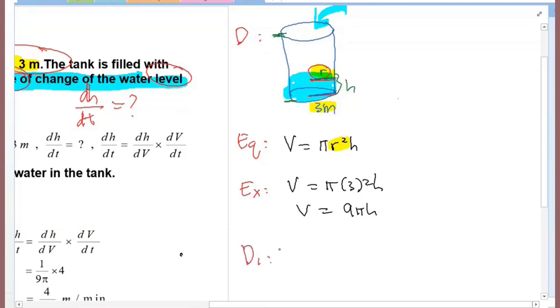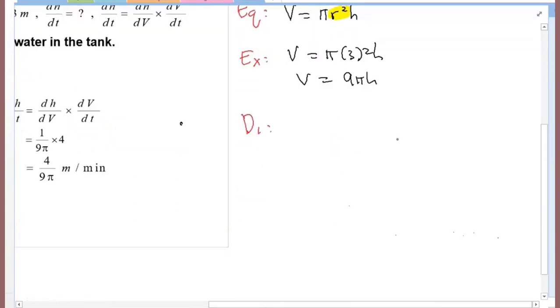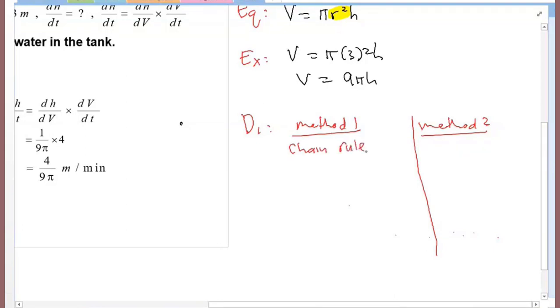Now here we have two methods. Method 1, method 2: chain rule. This one is direct; actually we use the chain rule too.